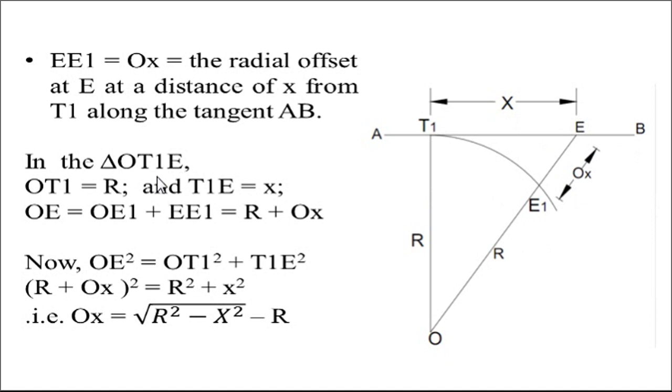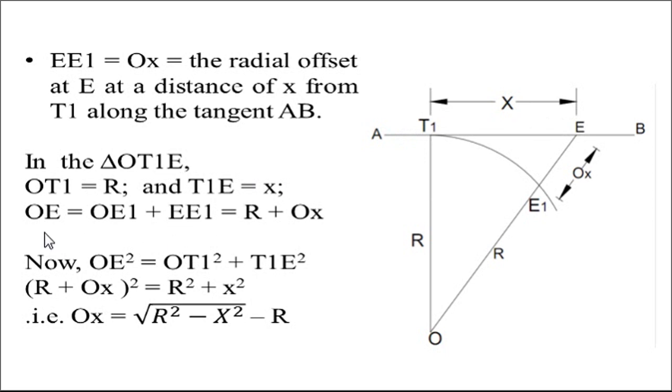Then in the right angle triangle OT1E, OT1 is equal to R, that is the radius, and T1E is equal to x.